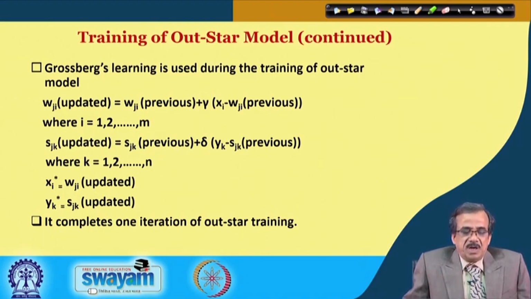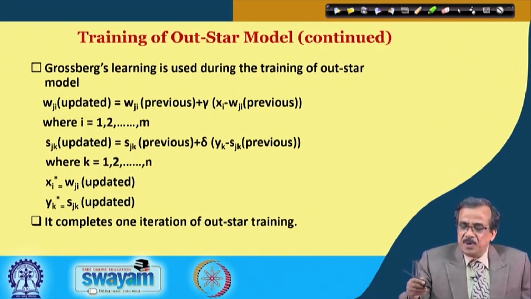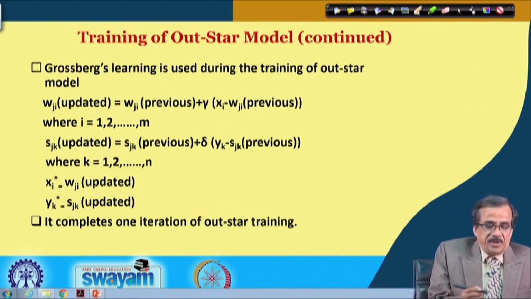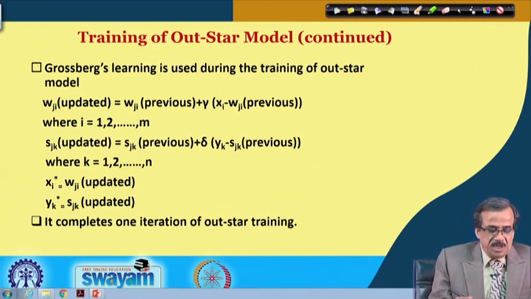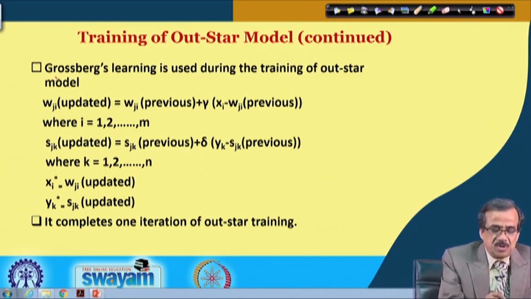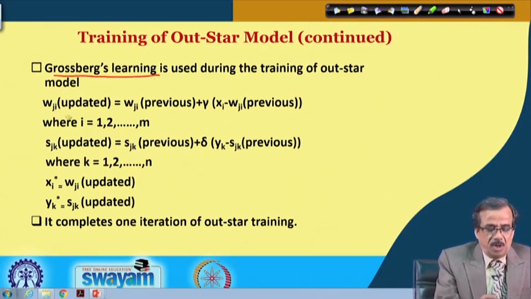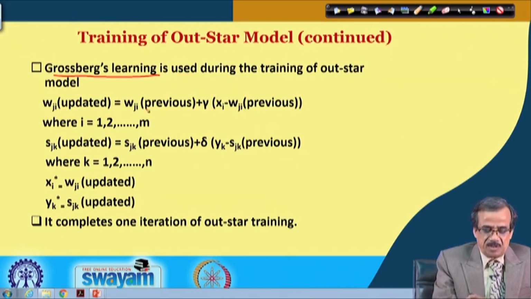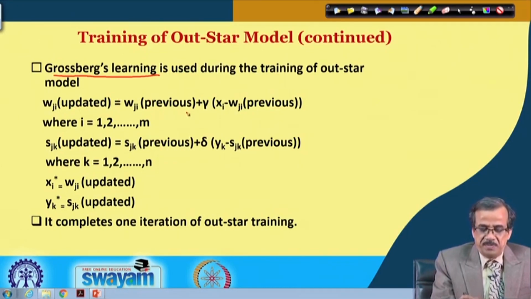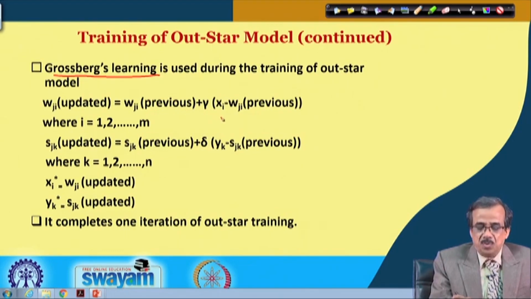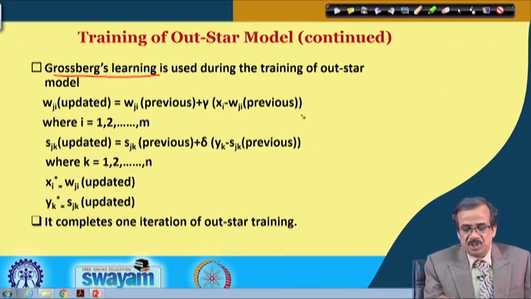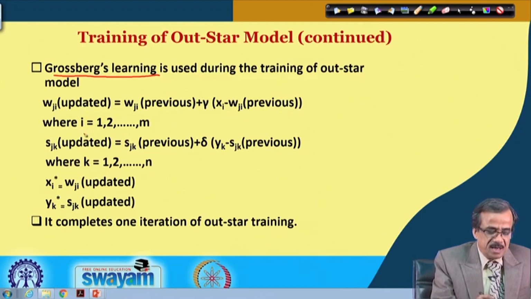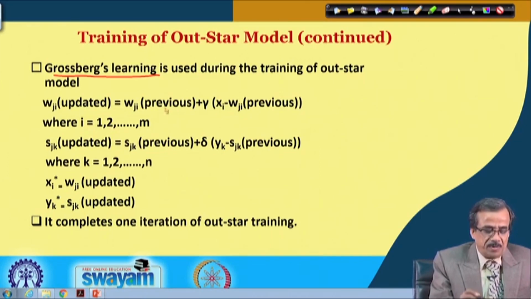Now, let us see how to carry out the training of the outstar model. As I told, we are going to use Grossberg's learning rule for updating the connecting weights, that is, W and S. According to this Grossberg learning rule, W_ji updated is W_ji previous plus gamma into (x_i minus W_ji previous), and here i varies from 1 up to m.